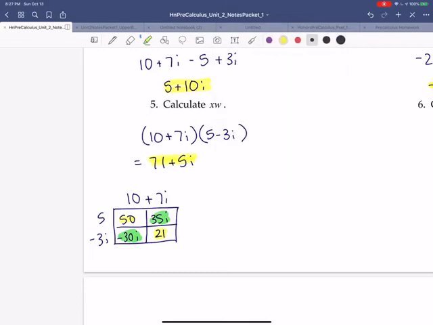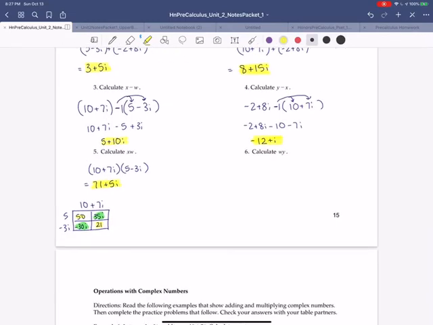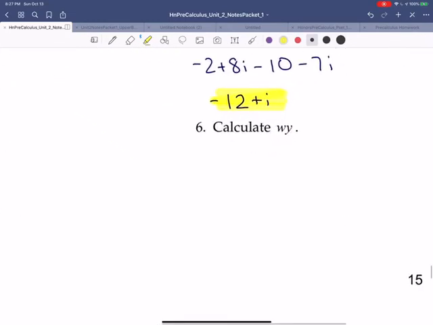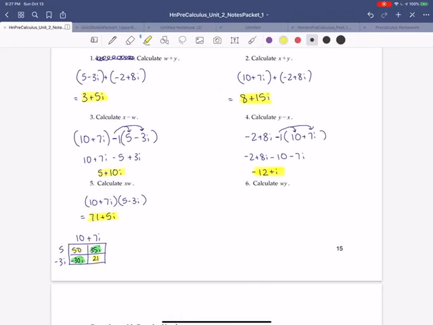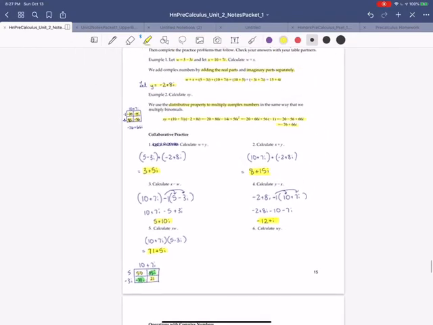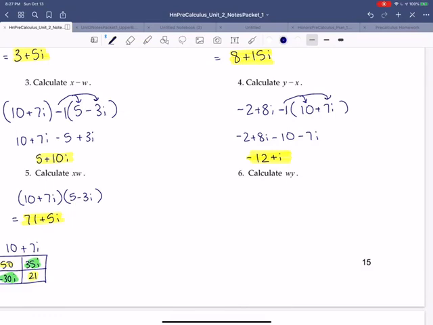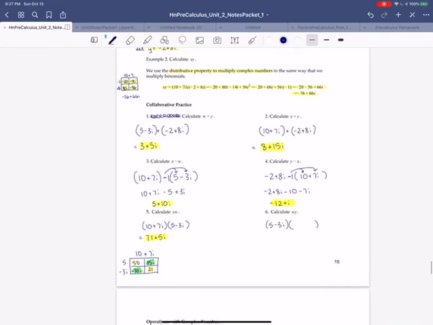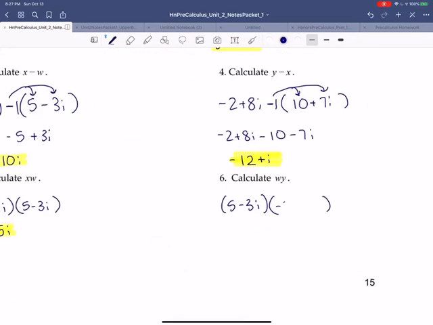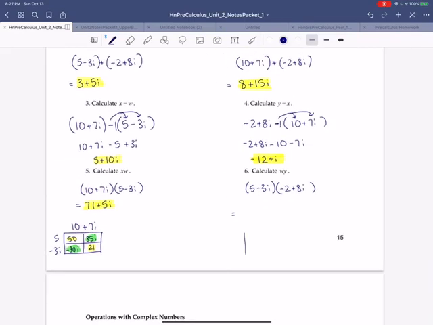And then here, I'm multiplying 5 minus 3i by negative 2 plus 8i. So let's create a little expansion box here.